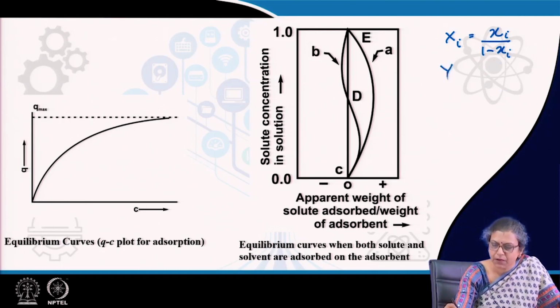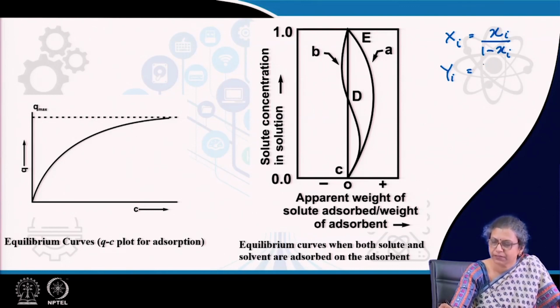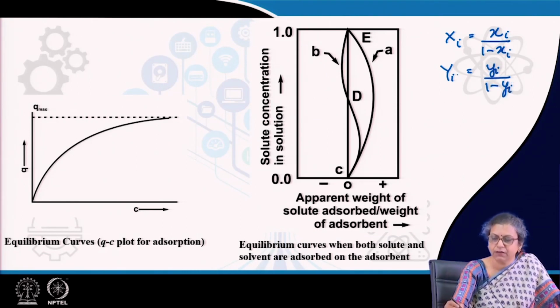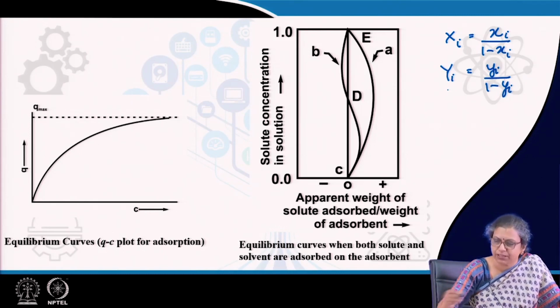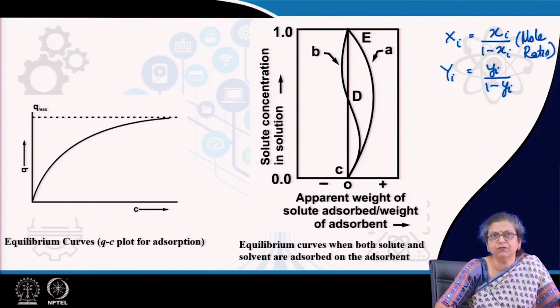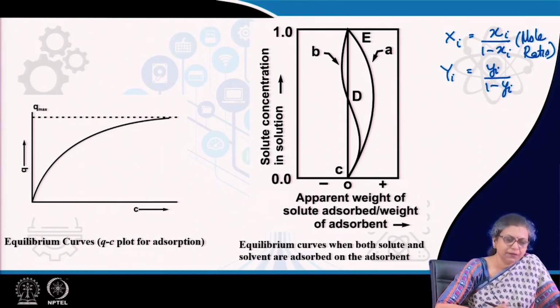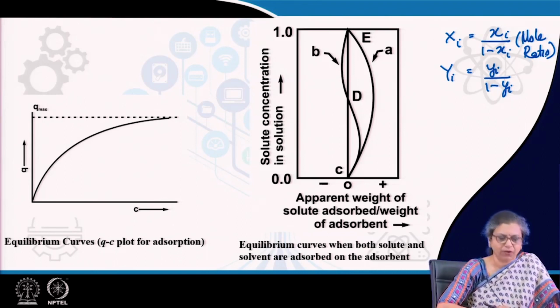In the same way, if we are dealing with the gas phase and the liquid phase, or vapor liquid equilibrium, instead of xy data we can also represent the equilibrium in terms of capital X and capital Y data, which are known as the mole ratio. The advantage of using capital X_i and capital Y_i is that this very often leads to linear plots, and that is definitely quite an advantage for us.